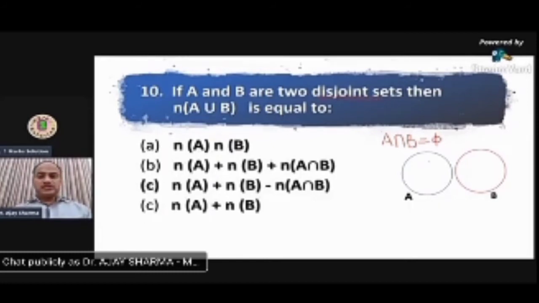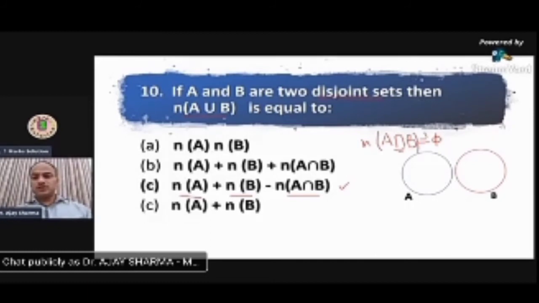Now when it is like that, then n of A union B, you know the formula: n of A union B is actually equal to n(A) plus n(B) minus n of A intersection B. This is the formula. But when this value is equal to phi, you know what the cardinal number is? Cardinal number means the number of elements in this set.